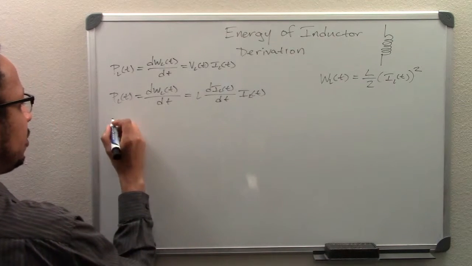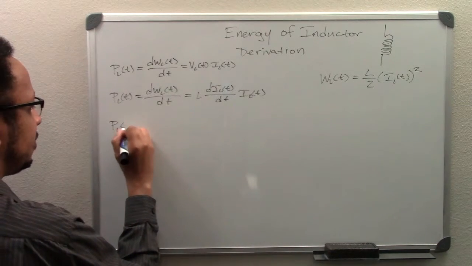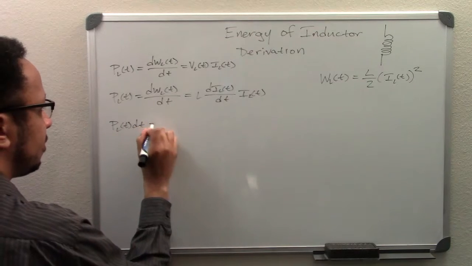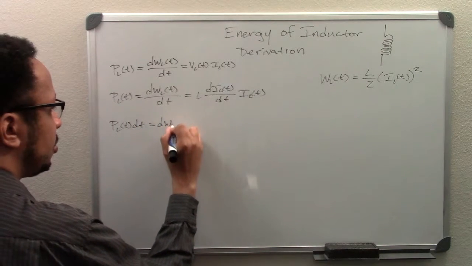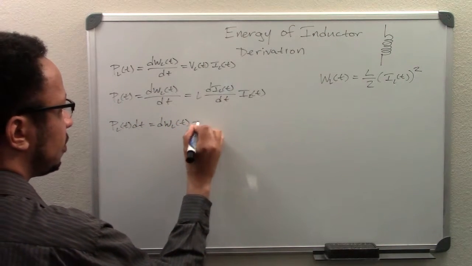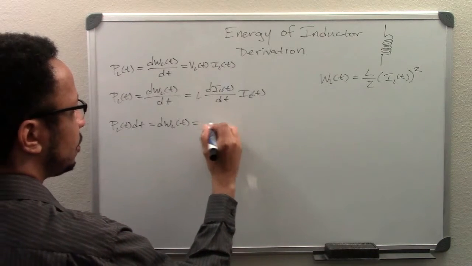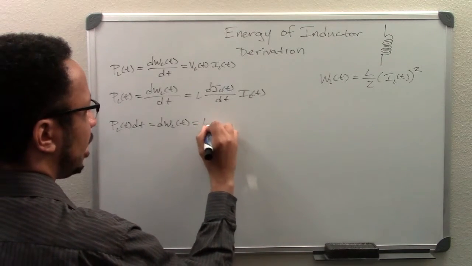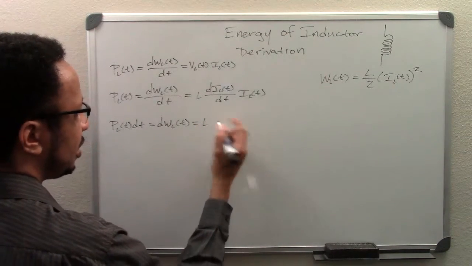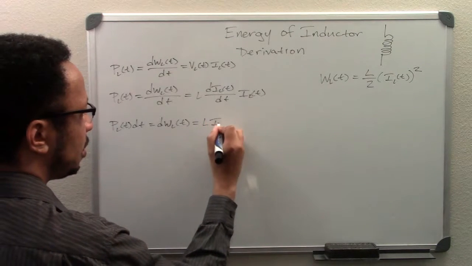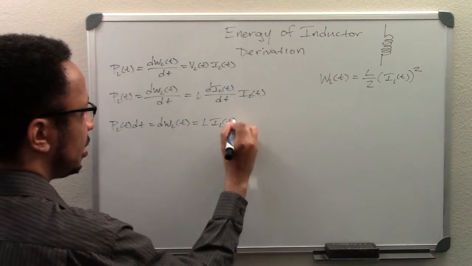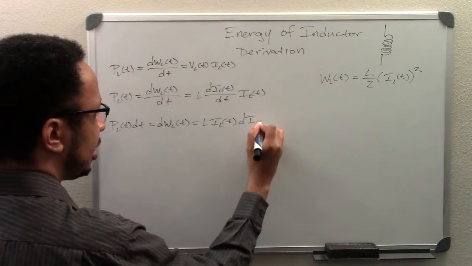And so we have p_L(t) dt equals dW_L(t), which equals L, and we bring the i_L(t) over to the front, i_L(t) di_L(t).